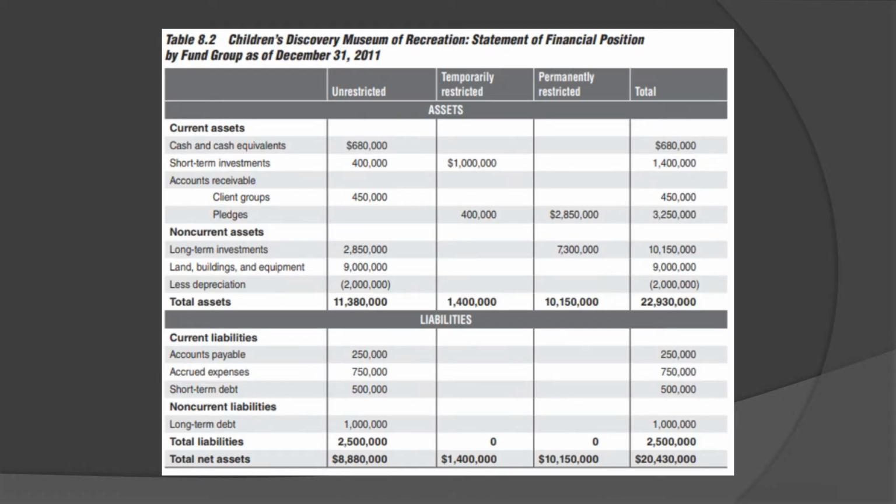So this is an example that's in the textbook, looking at a nonprofit for a children's discovery museum. And here you can see that it's got the unrestricted, the temporarily restricted, and the permanently restricted. Different funds, and they're all like different balance sheets, statements of financial position for each of these funds.